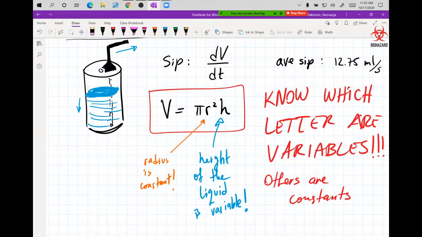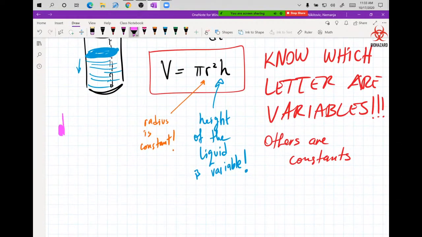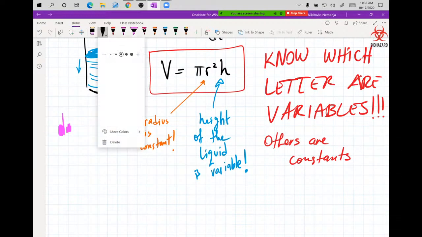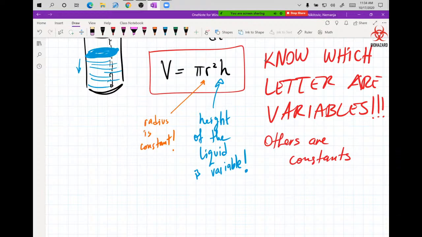Okay, 335 milliliters, and 58 millimeters diameter. Diameter, D, is equal to 58 millimeters, which means the radius is half of this, 29 millimeters.